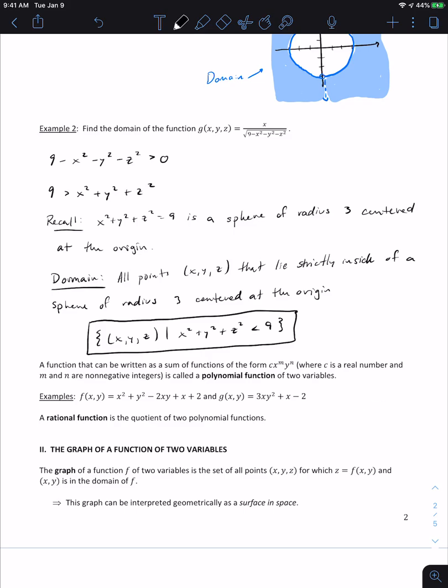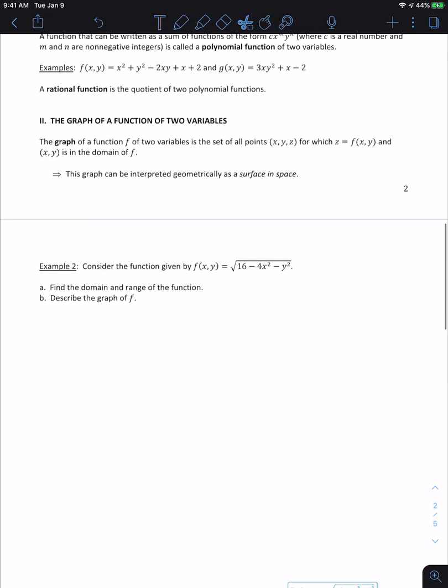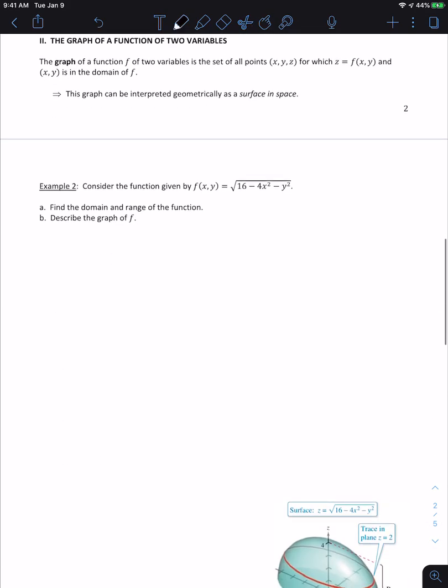So for example, if I had x squared plus y squared minus 2xy plus x plus 2, that first polynomial over 3xy squared plus x minus 2, this would be an example of a rational function in two variables because it has a polynomial in the top and a polynomial in the bottom, right? So everything we know before is just being extended to functions of more than one variable.